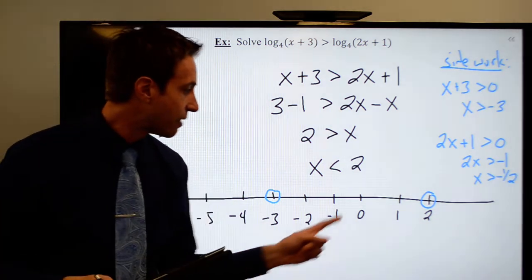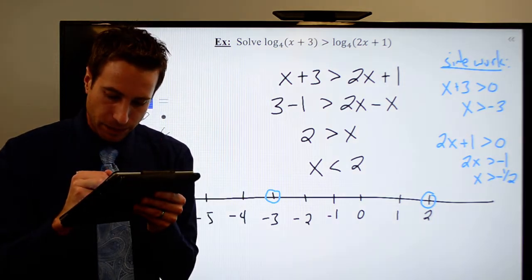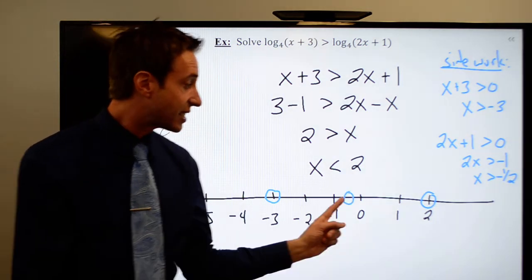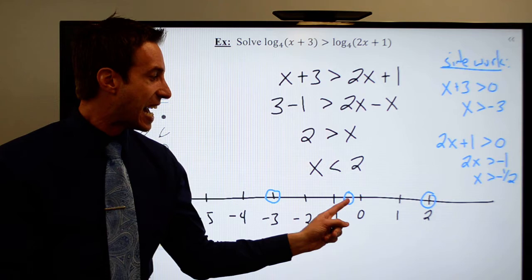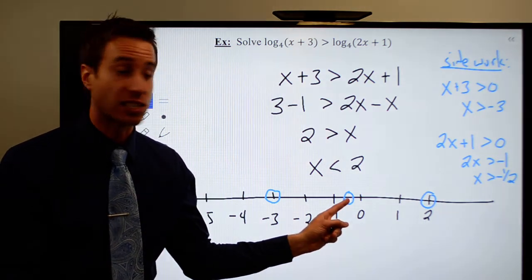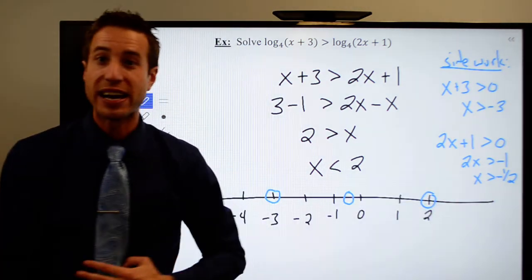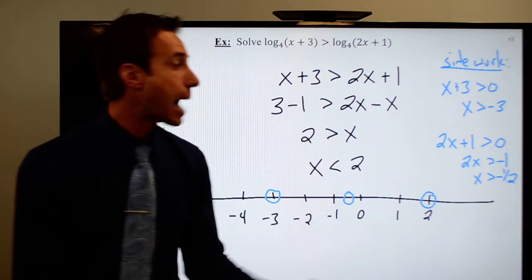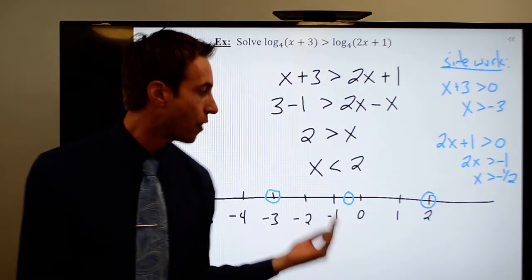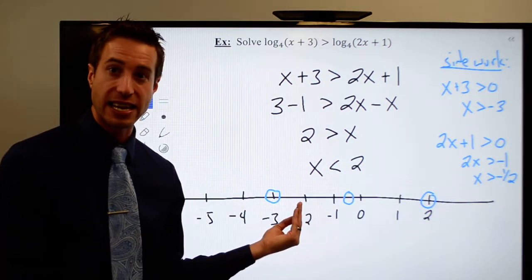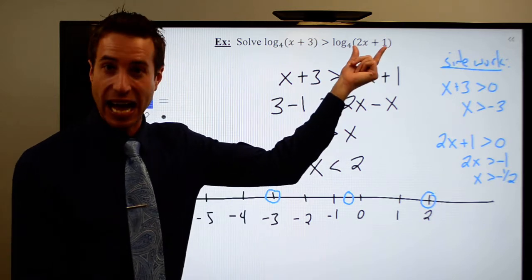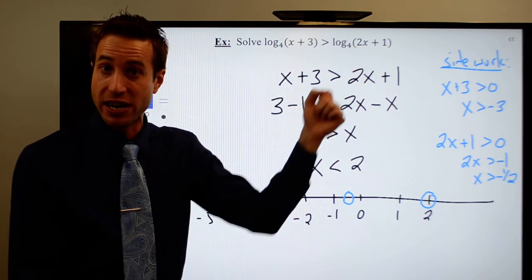Well, here's negative 1/2 right there. What this tells me is I need the values of x to be greater than negative 1/2. If I pick negative 1/2 or anything less than negative 1/2, this is going to be 0 or negative.